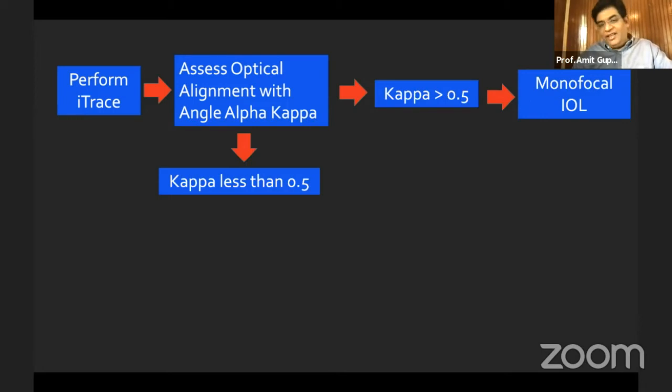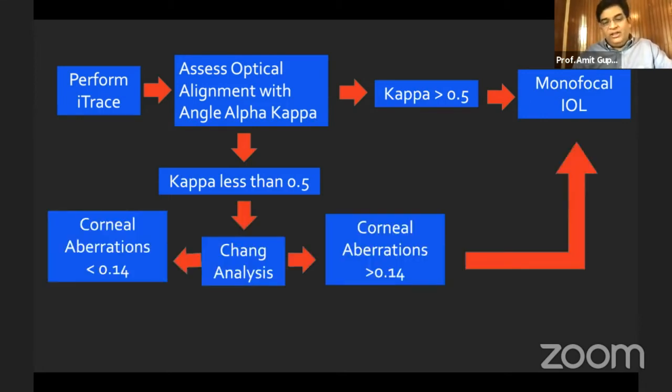On the other hand, if the angle kappa is less than 0.5, then we look at the Chang analysis, especially the corneal aberrations. If the corneal aberrations are more than 0.14, we should go in for a monofocal lens, preferably a spherical IOL, and that will possibly give the best kind of vision to this patient.